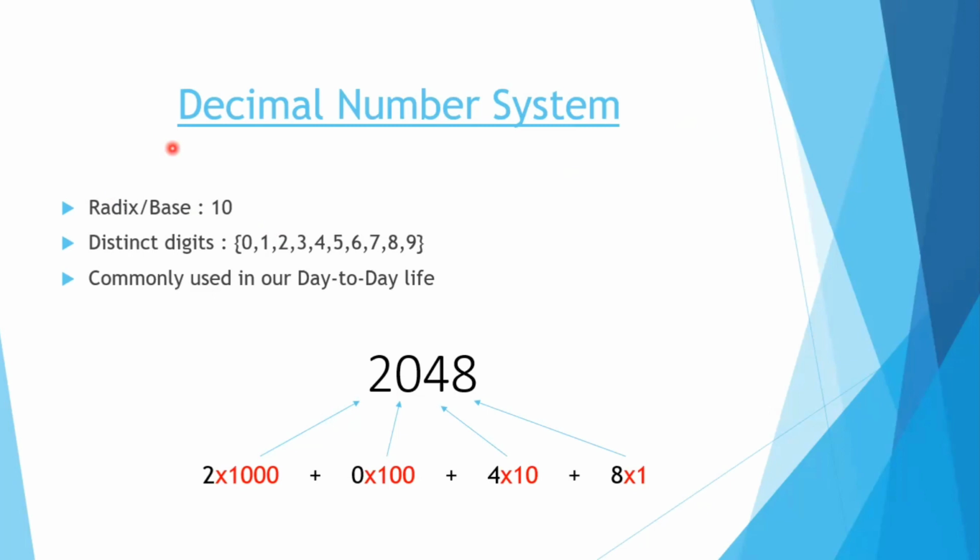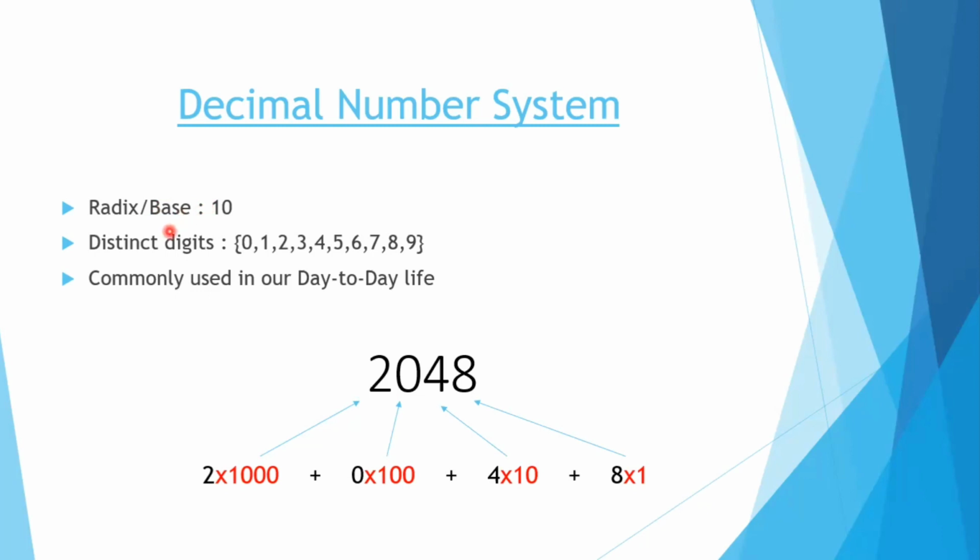Now that we are familiar with the basic notion of a number system, let's look at some of the frequently used number systems. So the first one is the decimal number system. The radix or base of this number system is 10. Basically, the radix or base is the number of distinct digits.